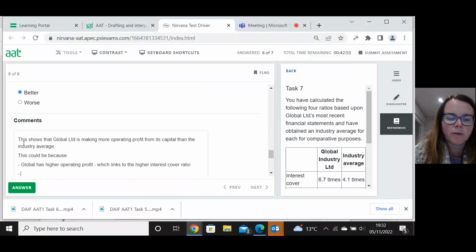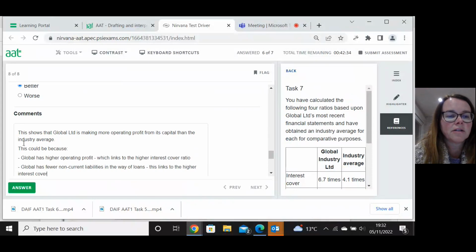So it could be because Global has fewer non-current liabilities in the way of loans. And then that links to the higher interest cover ratio also.